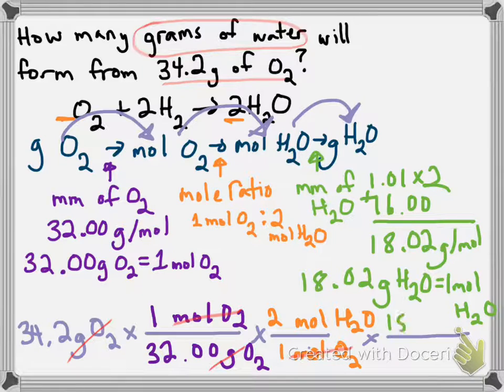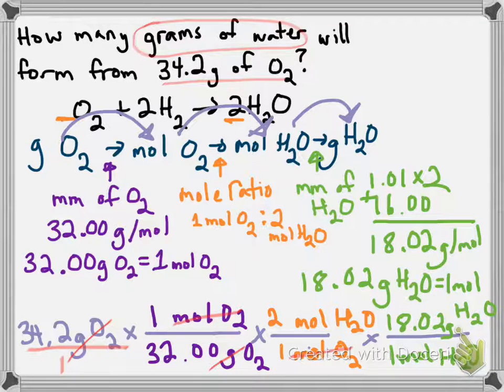So my grams of water is going to go on top, and my moles of water is going to go on bottom. It is getting a little squishy, but hopefully you can read that. And then I multiply by all of my numerators, divide by my denominator, and this is like over 1.